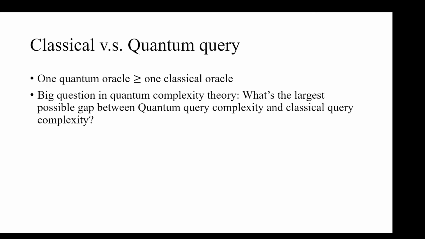I guess I can actually put more things here. And also, when will there be a gap? So how do you create a quantum speedup? How do you create a gap between quantum query complexity and classical query complexity?